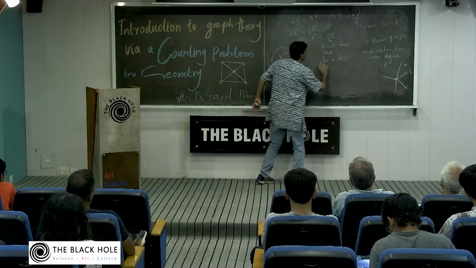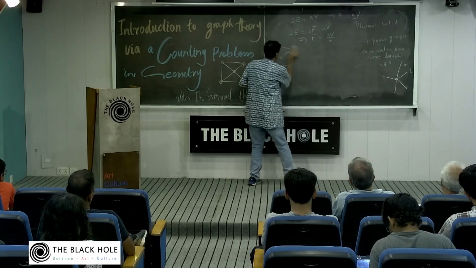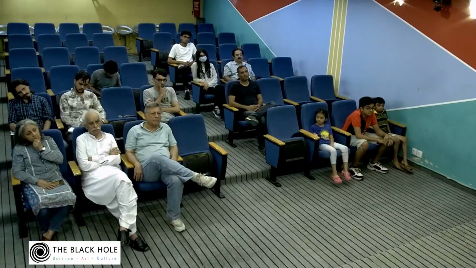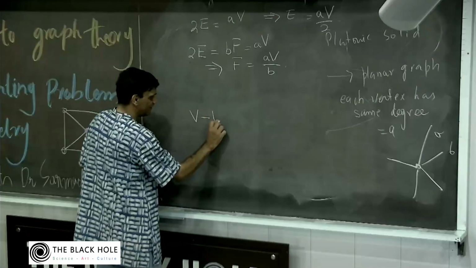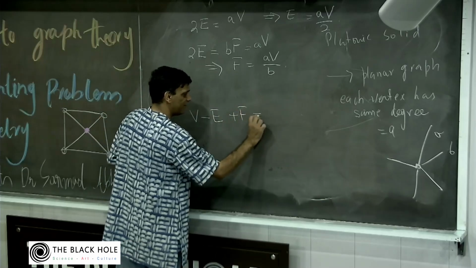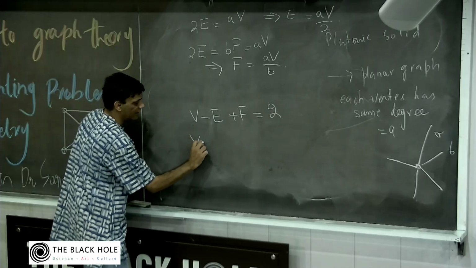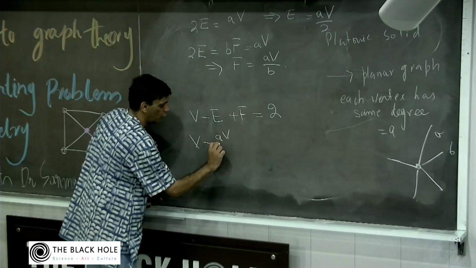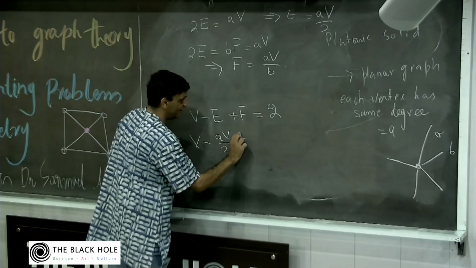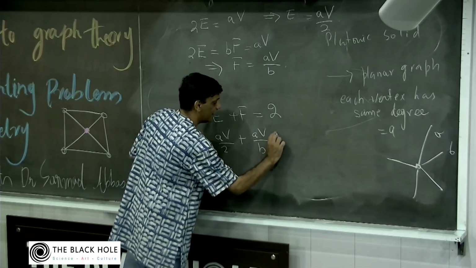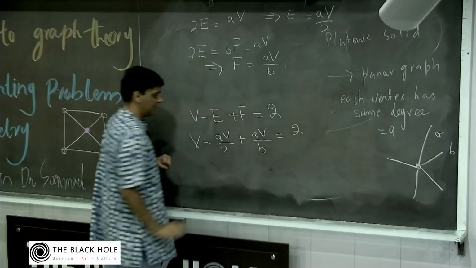And now I go to my Euler formula, which is sometimes called the second most beautiful formula in mathematics. V minus E plus F is equal to 2. So this is V. This is AV over 2. This is AV over B. And this is that. All right?